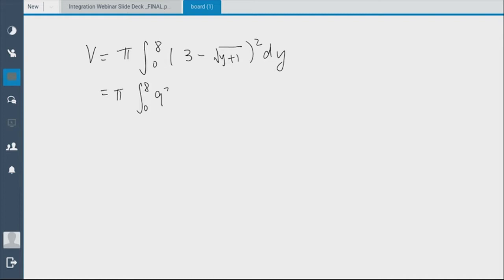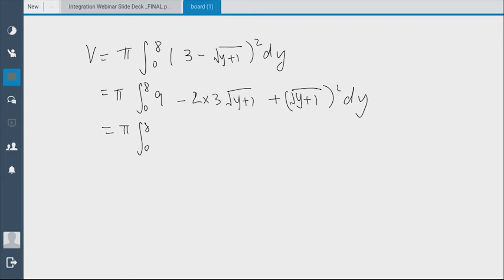There we go. So 2 times 3. Okay, so that's just a straightforward expansion. And then from here, just cleaning up the expression.